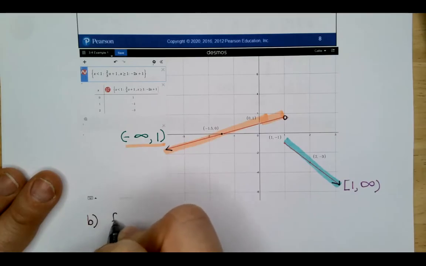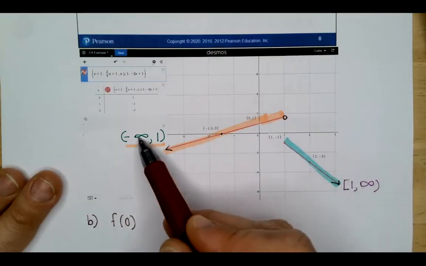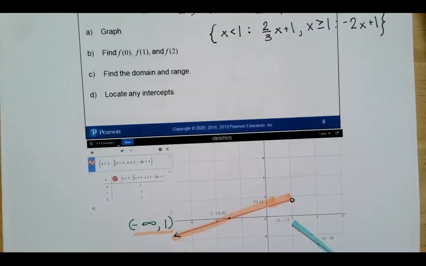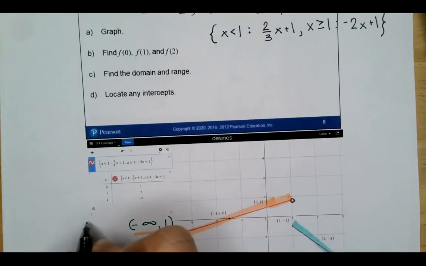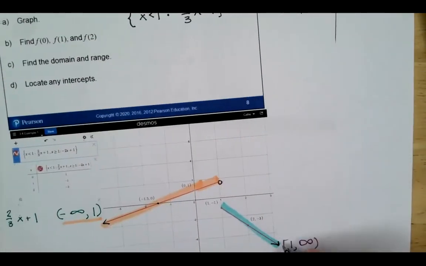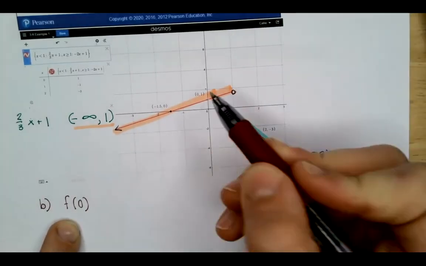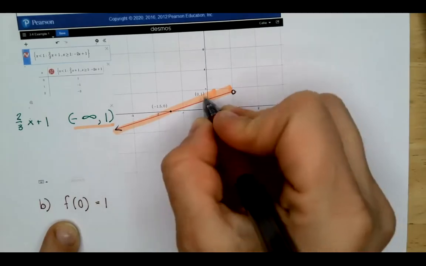B is asking for f of 0. Now that I've graphed it, I can see that f of 0, when x is 0, we are talking about that first equation. Let's write down what that equation is: positive 2/3 x plus 1. And then this guy is -2x plus 1. Once I've graphed it, I can see that f of 0 is 1.